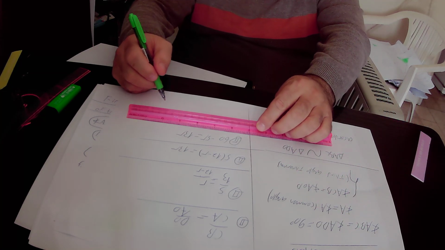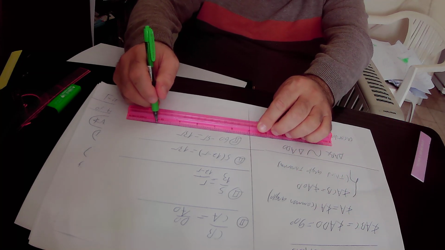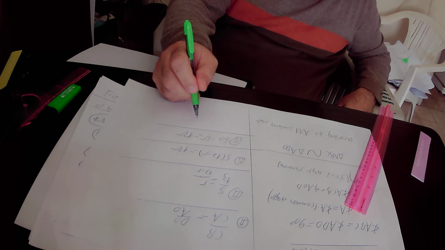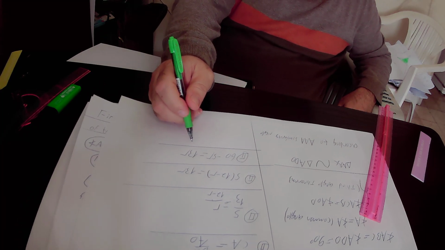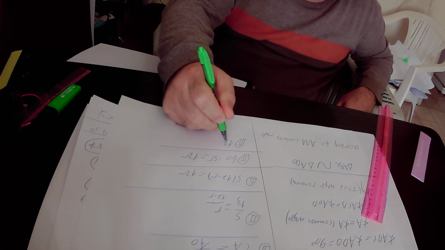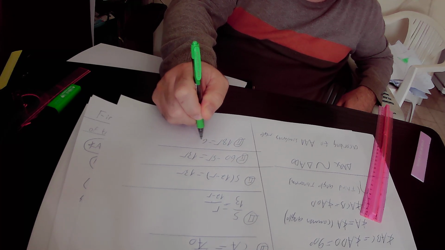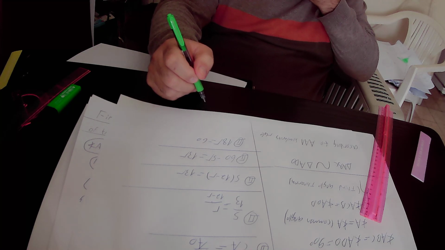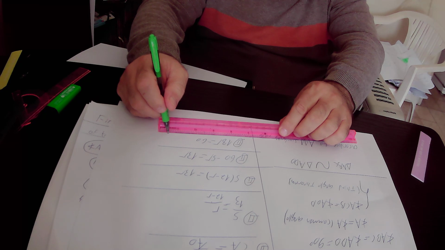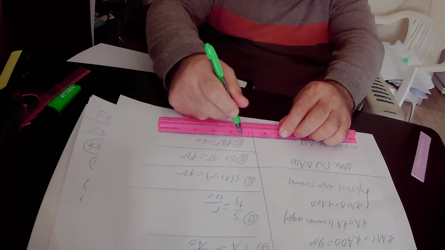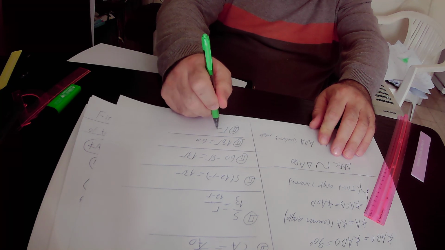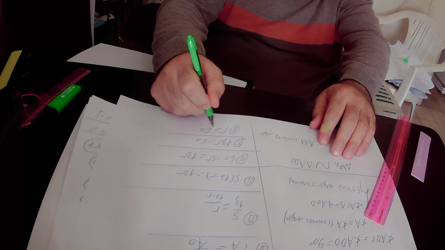Here we will add 5R to both sides, and we will get that 13R plus 5R is 18R. So 18R equals 60. Here we will divide by 18 and we will get R equals 60 over 18.